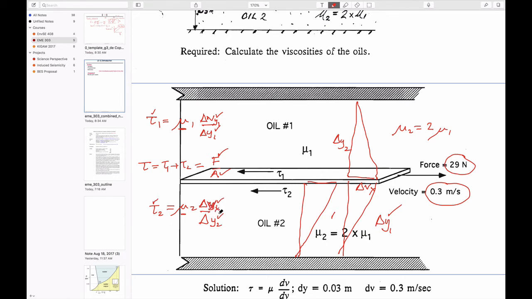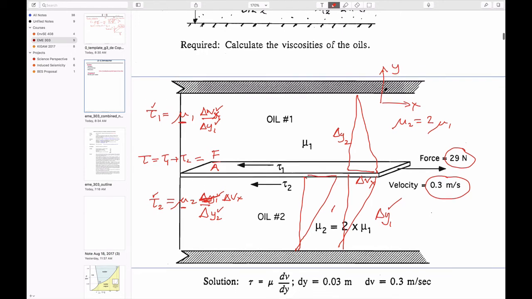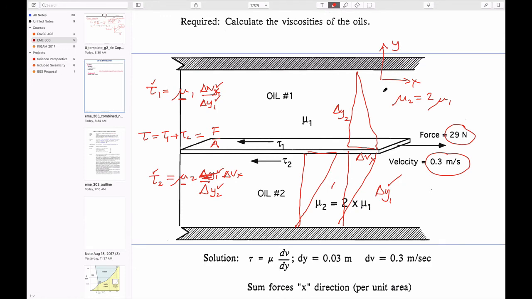Delta Vx, yes. And this is delta Vx as well. It's the velocity in the x direction, which is horizontal, relative to the travel in the y direction, which is vertical. It's worked out there as well, so you can go through it. Moderately straightforward.